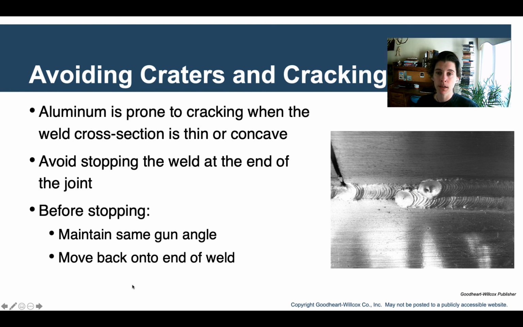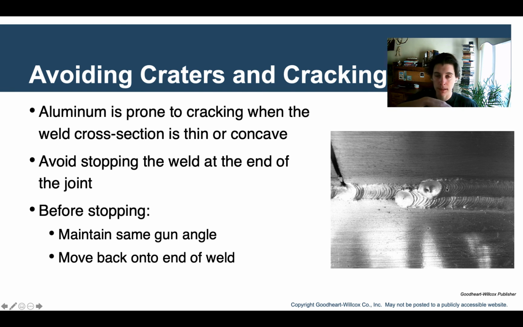Craters and cracking can be a big problem in aluminum, especially the craters. When the cross section, if you chop that weld in half, is thin or concave, there can be more cracking in that area. So you want to avoid stopping the weld at the end of the joint and having these craters forming, see?